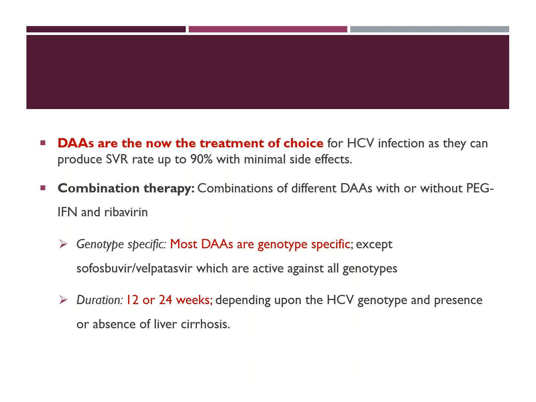Most of these directly acting antivirals are genotype specific, except sofosbuvir and velpatasvir. They are active against all genotypes, but the rest are specific to particular genotypes. The duration we choose is 12 to 24 weeks, depending upon which genotype is affecting, and it also depends upon how the person's body is responding, because every person has a different level of immunity and a different response to the infection.